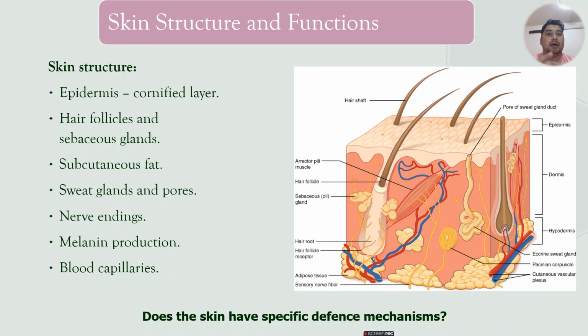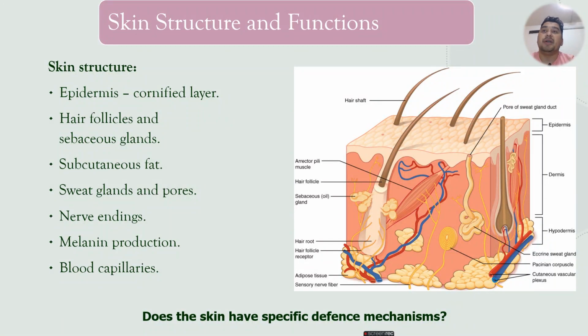Now in this slide, I have explained to you the skin structure and how it functions. Skin has three layers. First we have the epidermis, cornified layer, hair follicles and sebaceous glands, and subcutaneous fat, sweat glands and pores, nerve endings, melanin production, and blood capillaries.